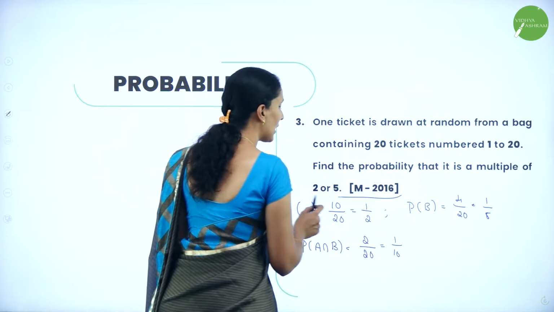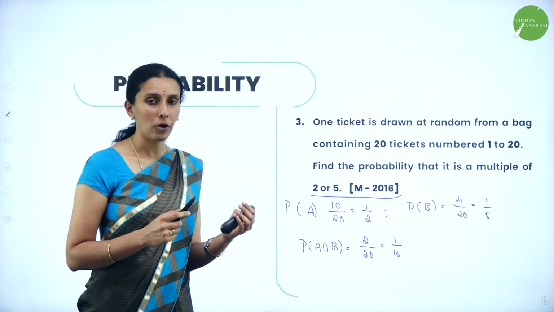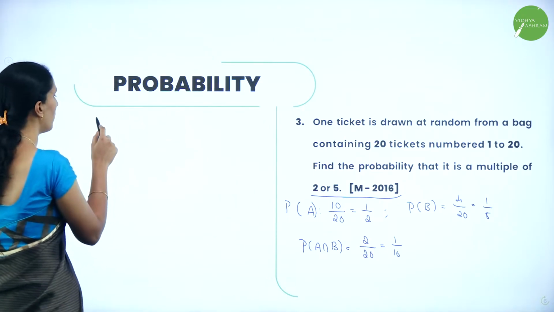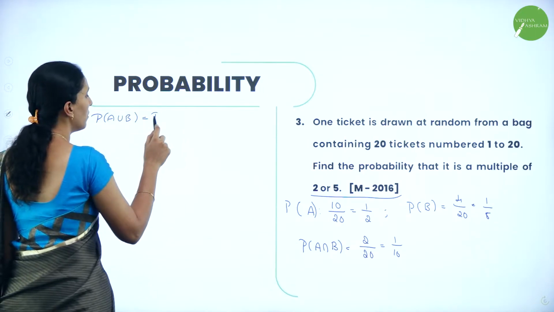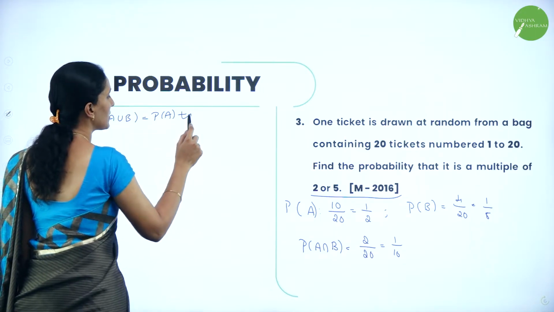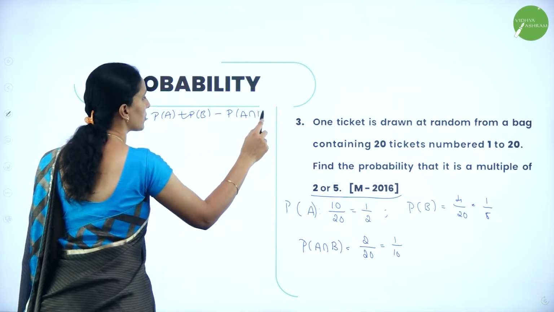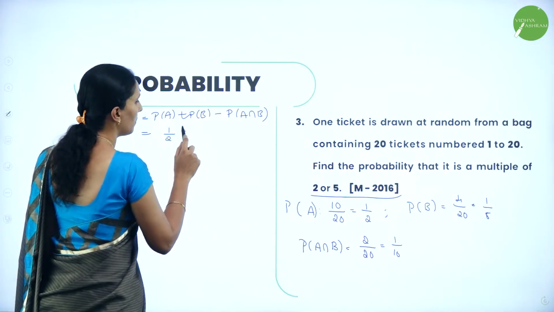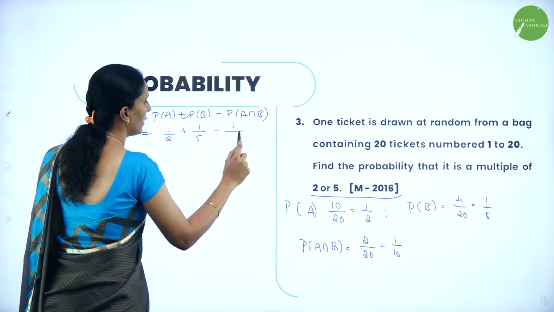Now we need to calculate the probability of getting either a multiple of 2 or a multiple of 5. So for that we will use the formula: probability of A union B is equal to probability of A plus probability of B minus probability of A intersection B. So here it is 1 by 2 plus 1 by 5 minus 1 by 10.